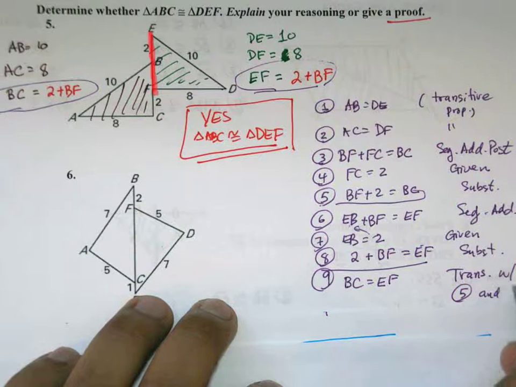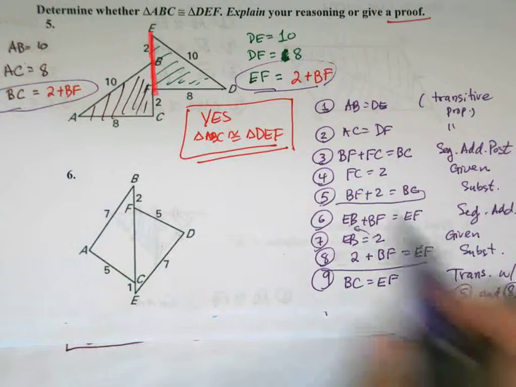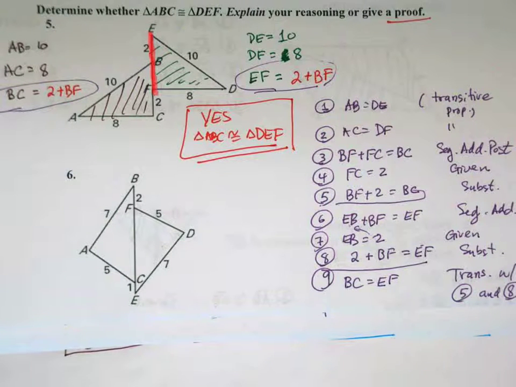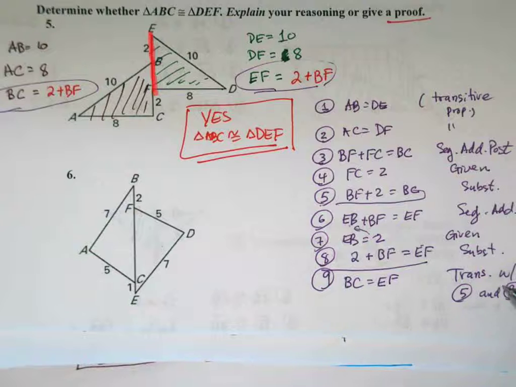Now, when you do proofs, notice that I list out the statements that I use in order to make up the new statement. You don't have to do that all the time because that's not necessarily helpful all the time, but here when I have a longer proof, it's very helpful for me to be able to identify what two equations I am using in order to get the third.